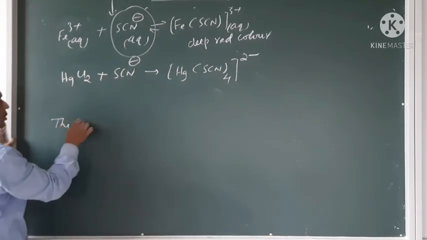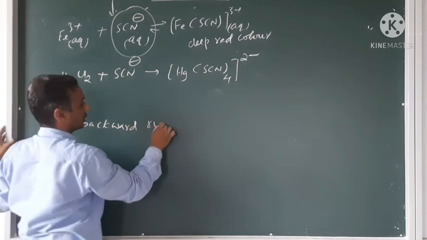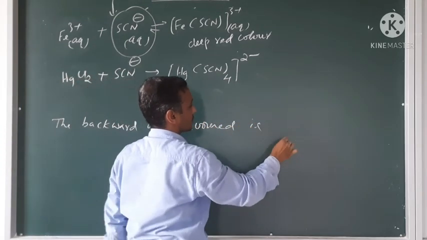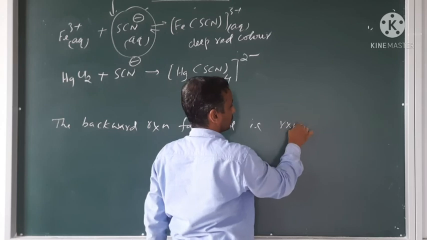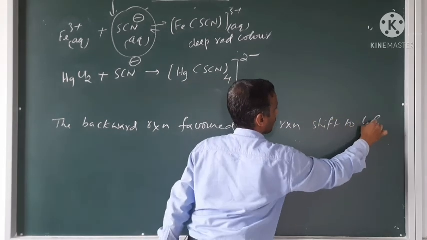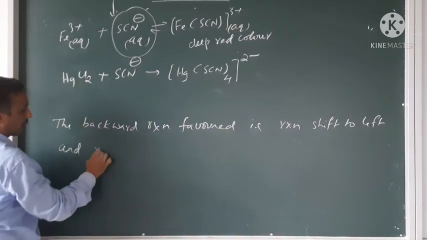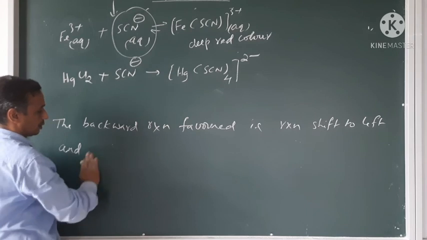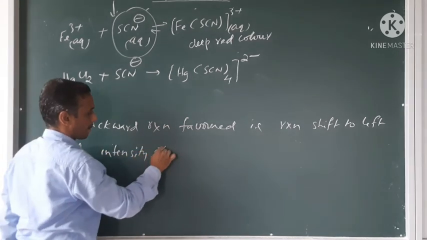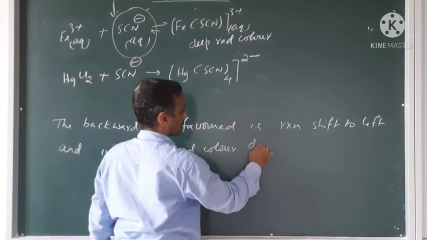The backward reaction is favored, that is, the reaction shifts to the left and the intensity of red color decreases.